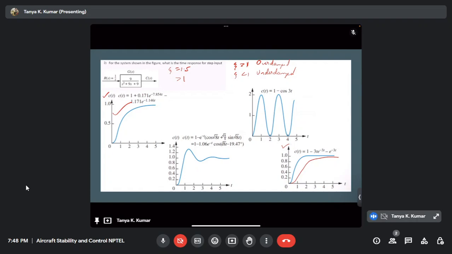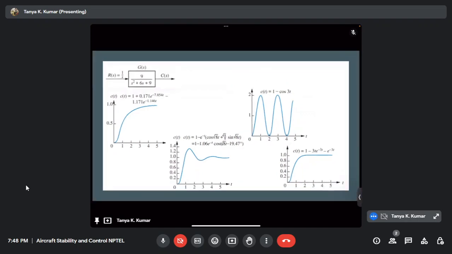Look at this one. The equation has changed. Now tell me which one would be the right graph. The first case was overdamped. Now find the damping ratio again.